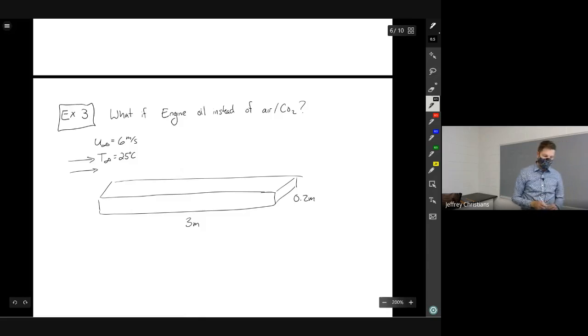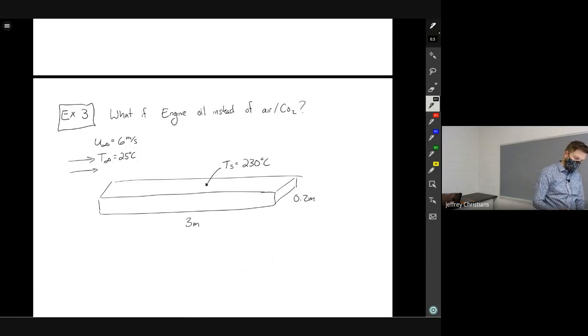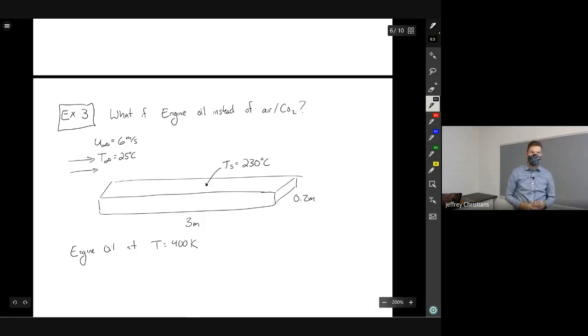T infinity is 25. Surface temperature is still 230. We want to find our properties at this average temp, which is 400 K.